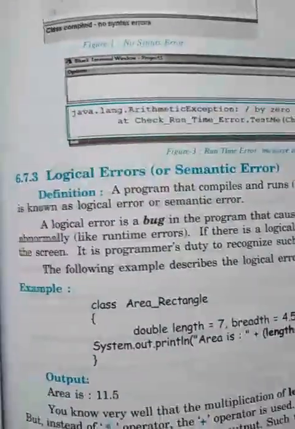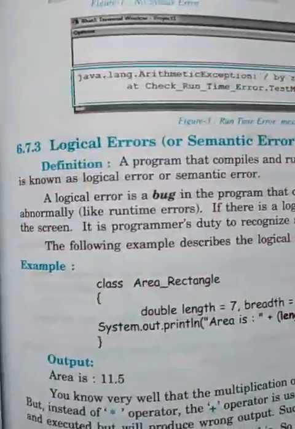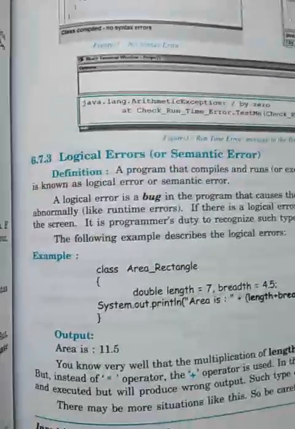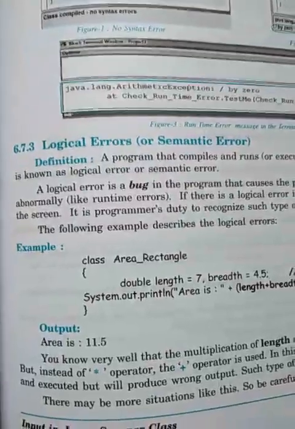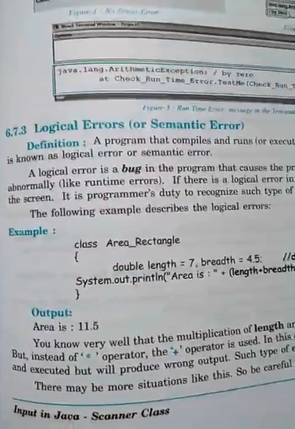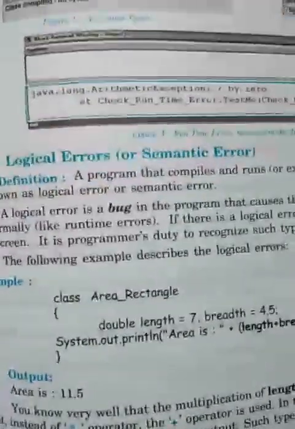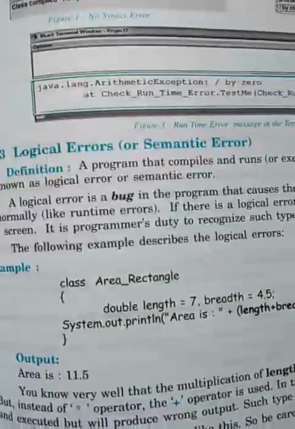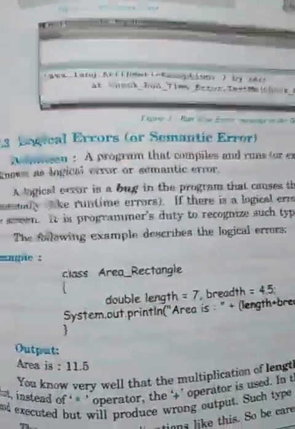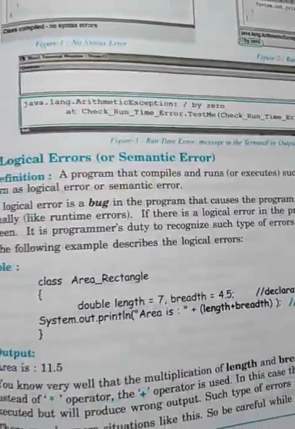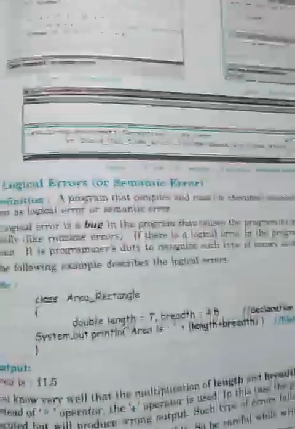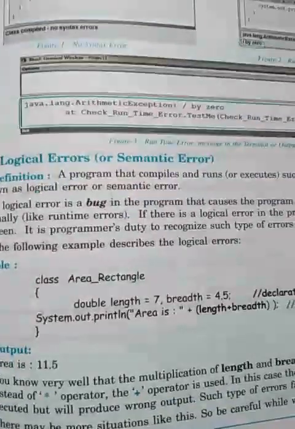In case of a logical error, your program will execute, but it will give a wrong result. Suppose we want to perform the addition of two numbers, and by mistake we typed a multiply sign in place of the plus sign. The system will give the multiplication answer, but we wanted the addition of those numbers, so this is called a logical error.